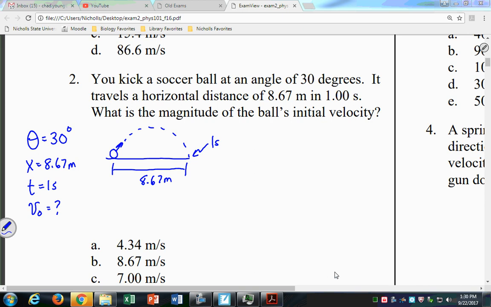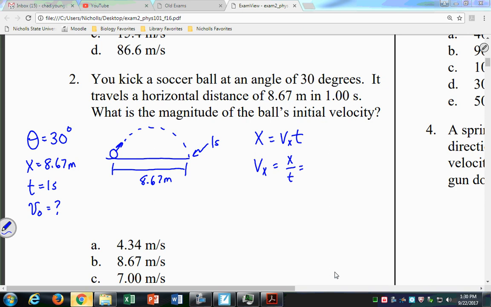You're right. So usually we use the y motion. But in this case, because of the type of information that's given to us, we can use our x motion. So we say x is equal to vx times t. And then from that, I can determine vx. So vx is x over t.